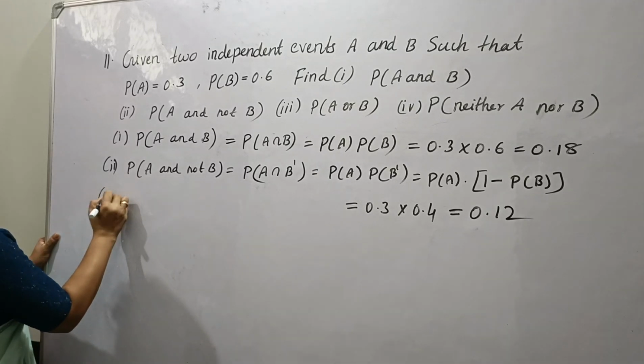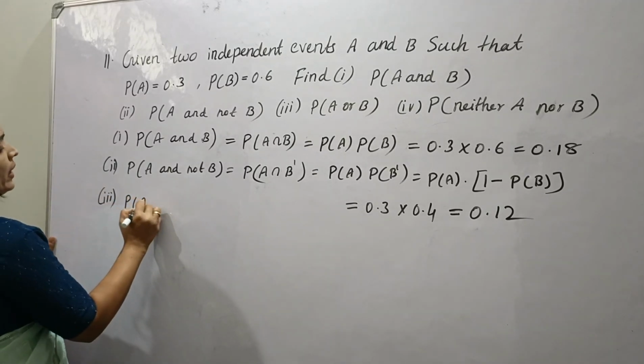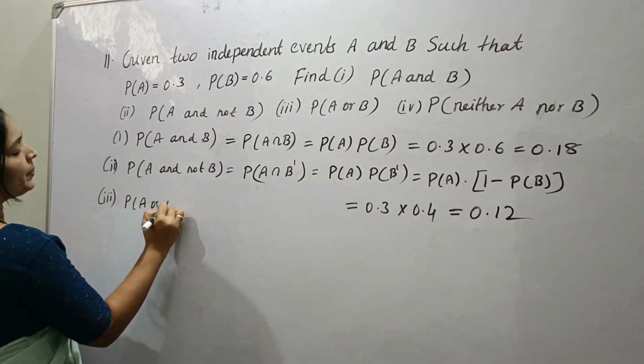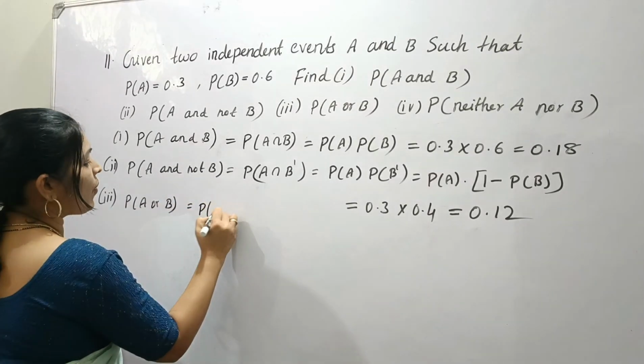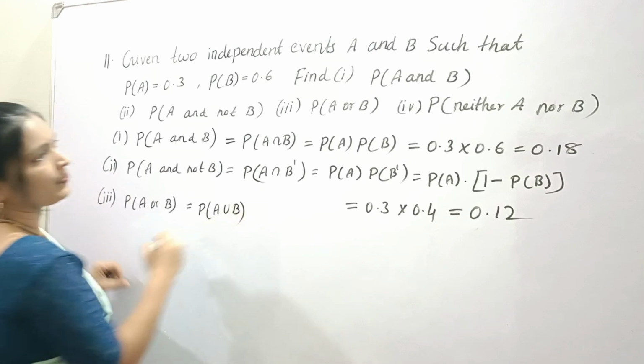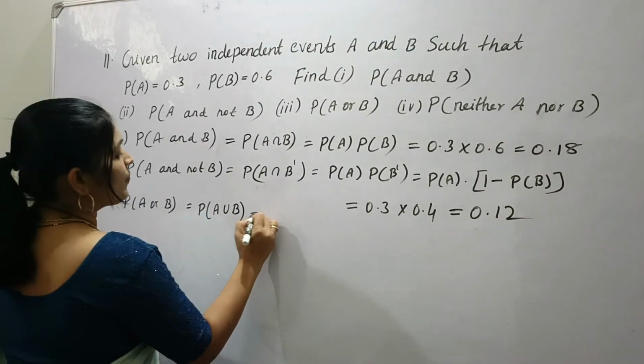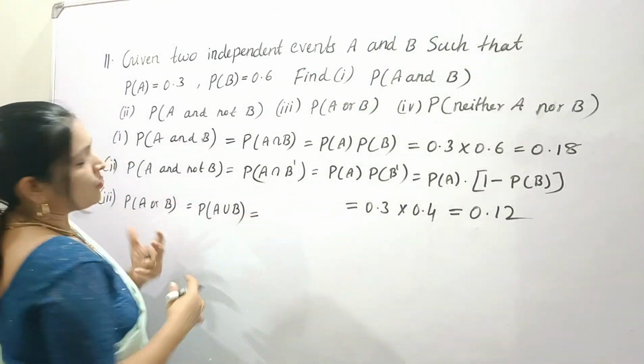Third one, probability of A or B. Or refers to union, right? Therefore, probability of A union B is equal to, what is the formula?